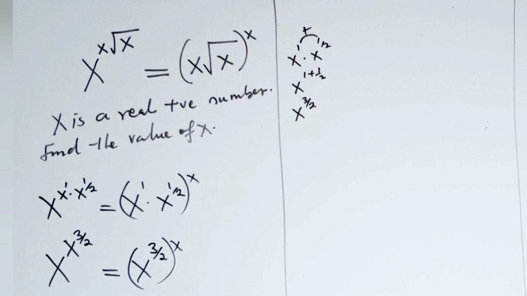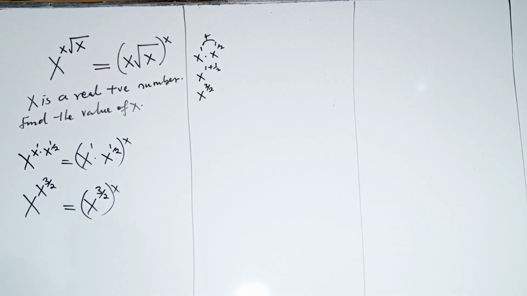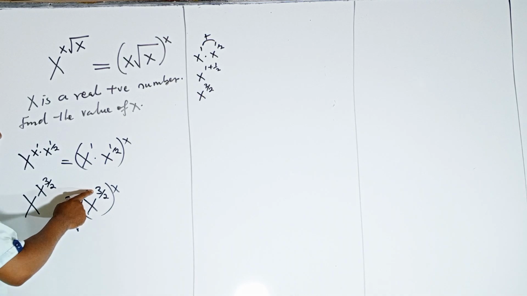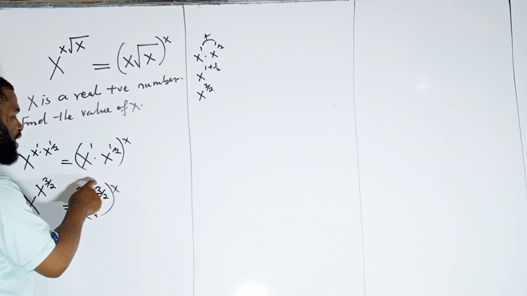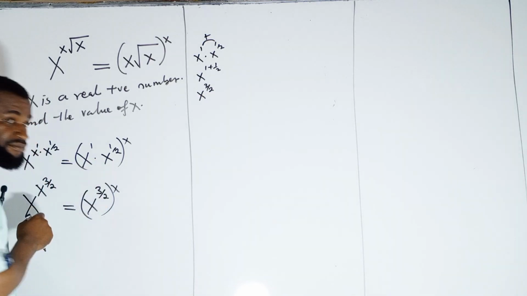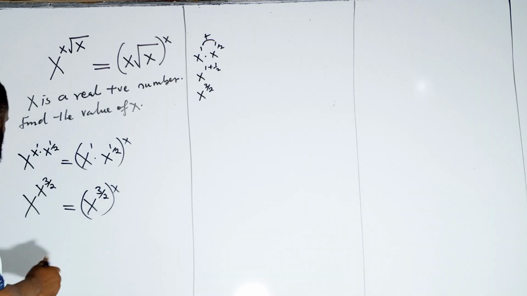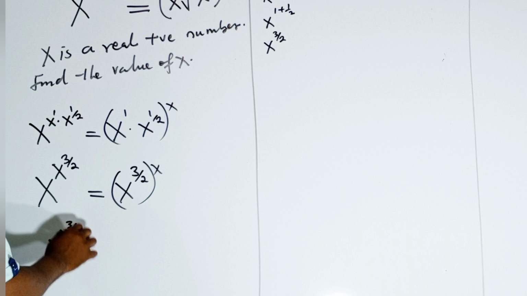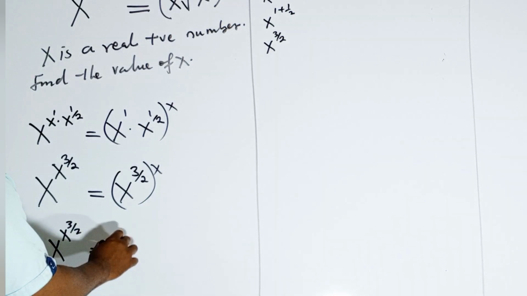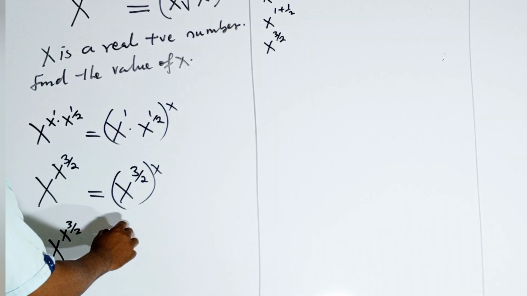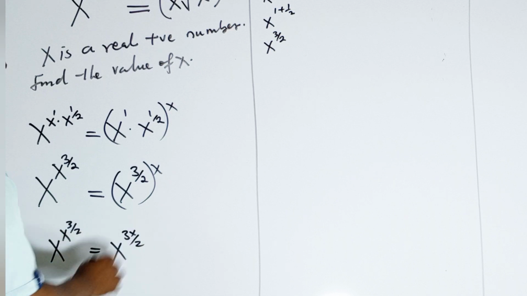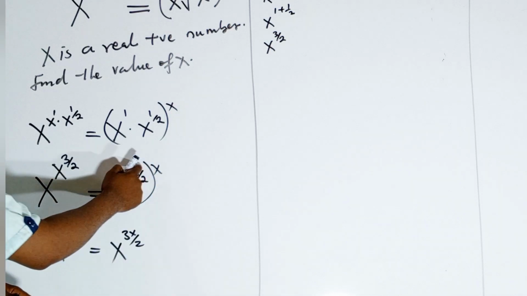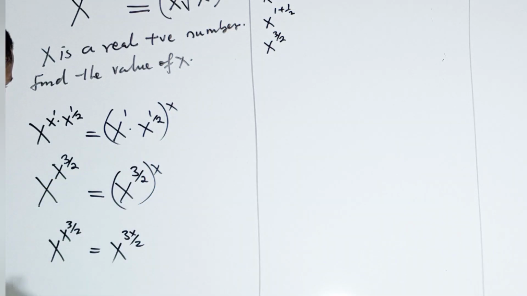All right, at this point, according to the power law, when a power is raised to another power, power will multiply power. So I'm going to have x raised to power 3 over 2, all raised to power x, equal to x raised to power 3x over 2, because this times this is 3x over 2.